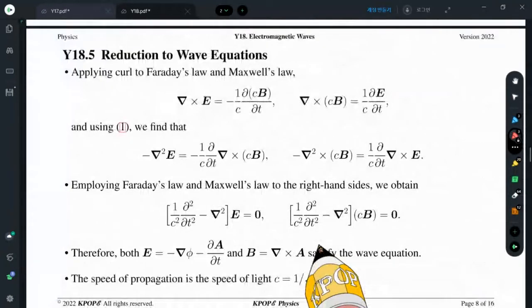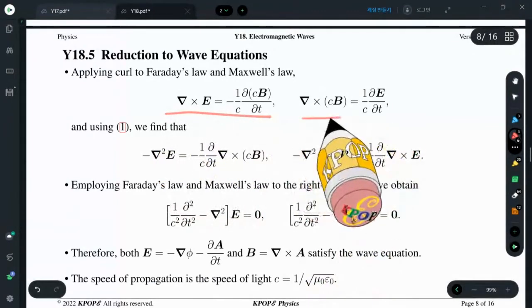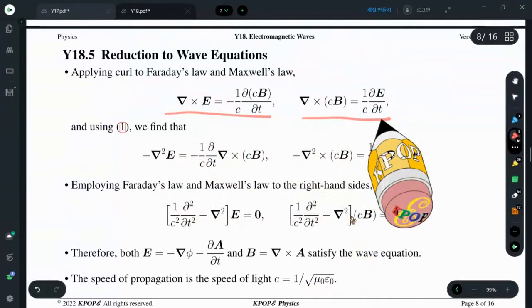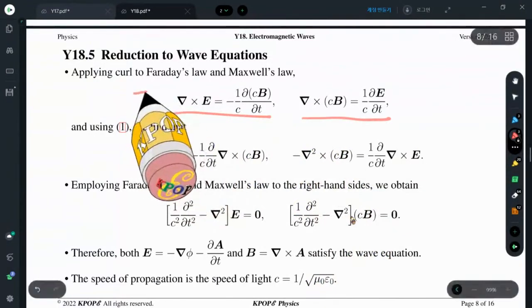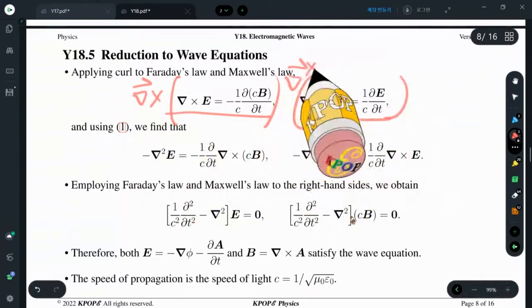Now, let us find the equation of motion by combining the four equations of Maxwell. Faraday's law and Maxwell's law. We take the curl of both sides.